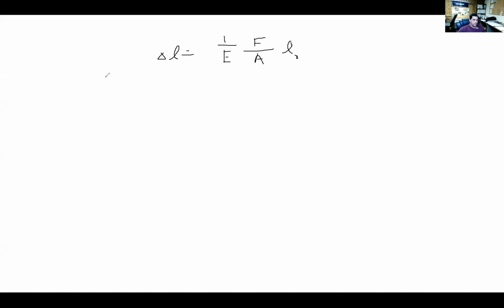Change in length, 1 over Young's modulus, force over area, L sub 0. So the area of this, it's a circle, so it's pi r squared or pi d squared over 4. The radius, if it's 0.2 centimeters in diameter, it's a 0.1 centimeter radius, which is 0.0010 meters.